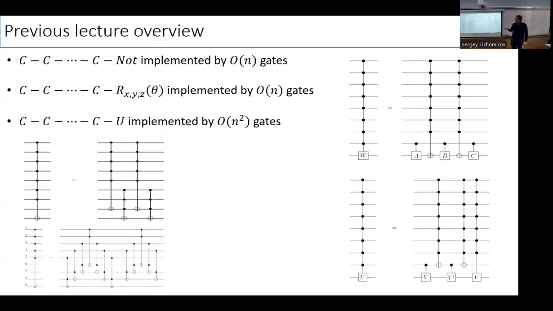I will also use multiple control rotation implementation. Let me recall, and this is important, that if we have one ancilla qubit, it is possible to implement it with a number of operators proportional to the number of control bits.